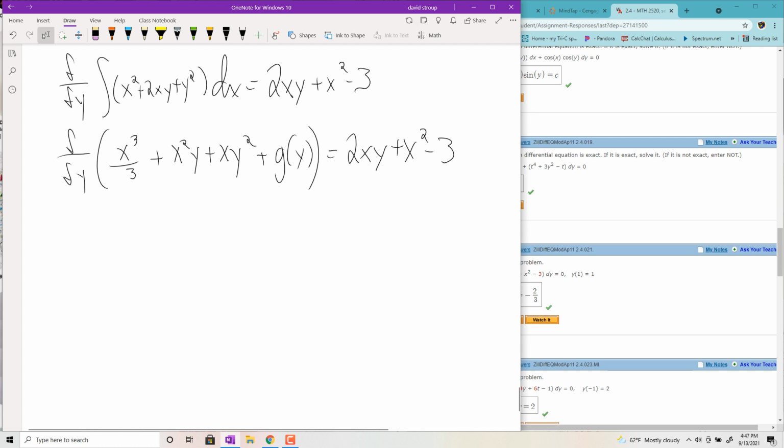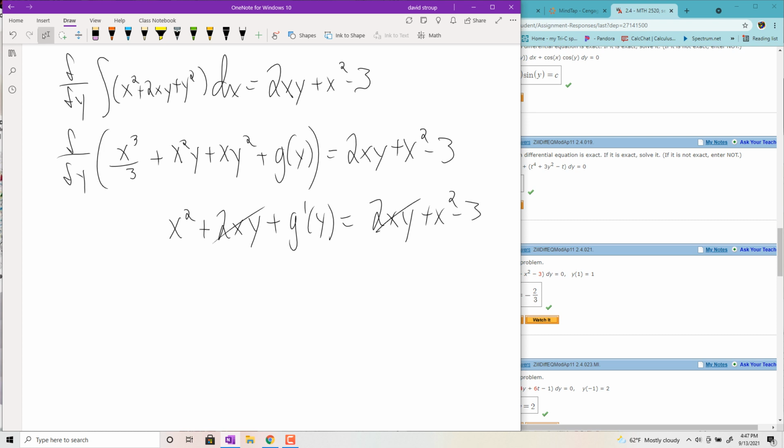And all of that should equal 2xy plus x squared minus 3. Let's take the derivative with respect to y on the left here. So 0, and then x squared, and then 2xy, and then g prime of y should equal 2xy plus x squared minus 3. The 2xy's cancel, the x squares cancel, so you get g prime of y is negative 3.